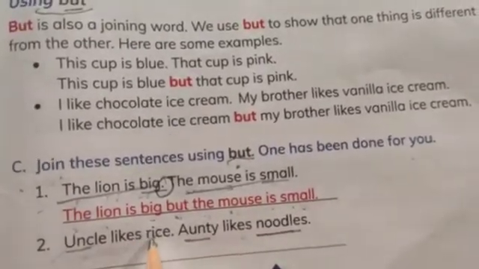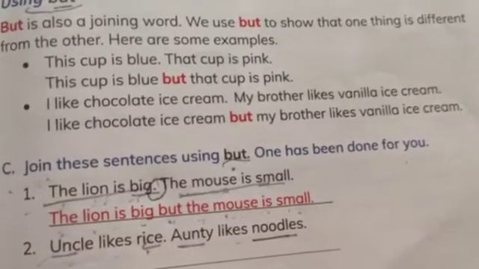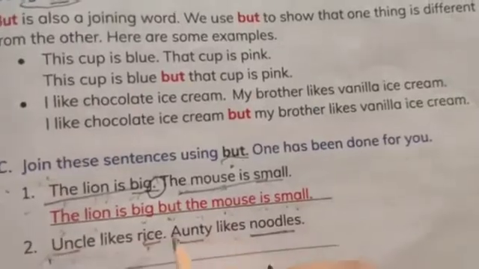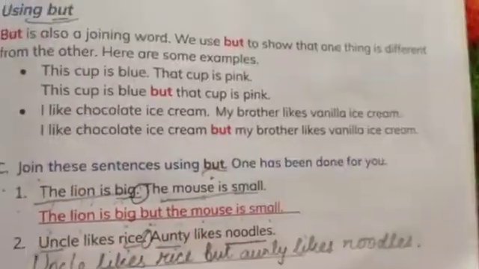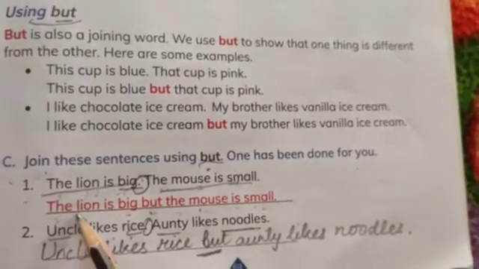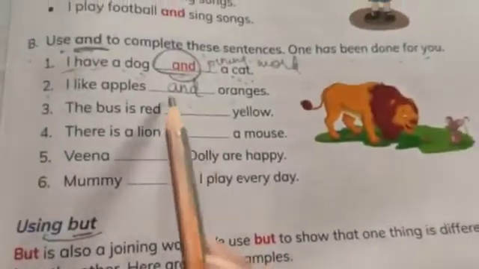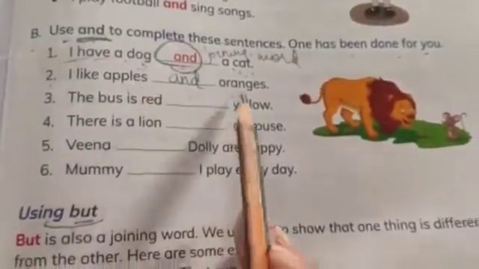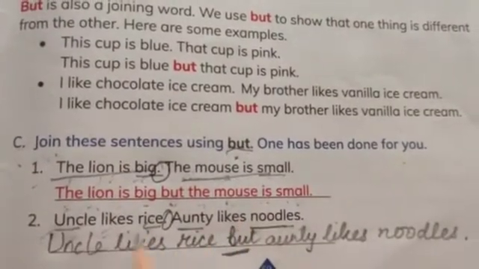So both like different things. So how are we going to join? We are going to remove this full stop and we are going to put but. So this is my joining word. Okay, and I am joining two sentences over here. Here I was joining two words, but here I am joining two sentences.